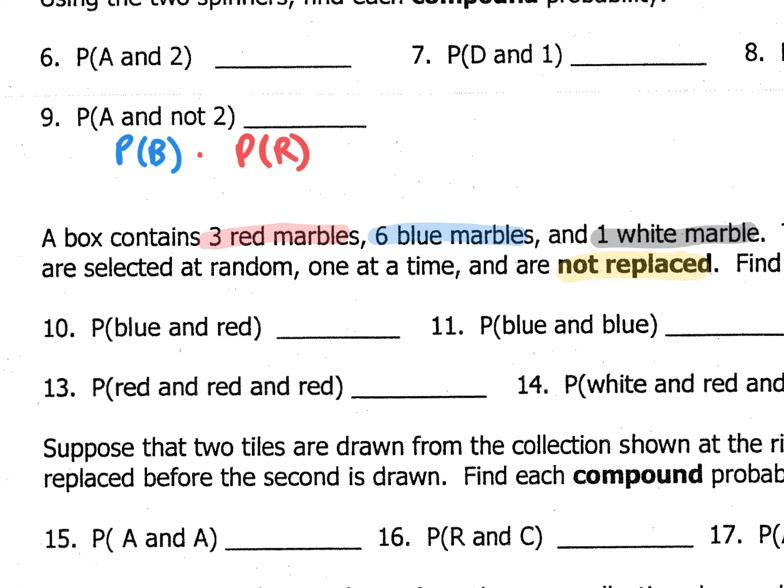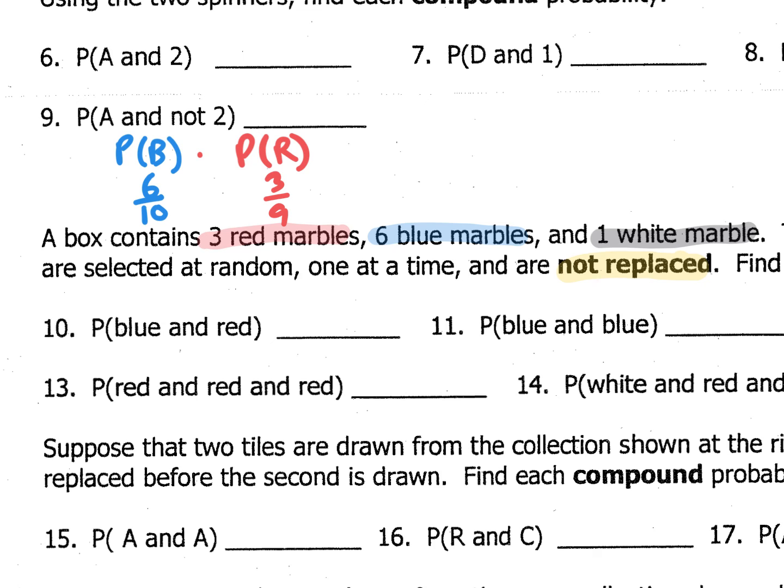Okay, so let's first find out the probability of blue. What's the fraction that represents the probability of blue? 6/10. Okay, I'll reduce later. Right now, let's just leave it like that so nobody gets confused. How about the probability of red? 3 over, okay, because of the without replacement, this is now a 9.